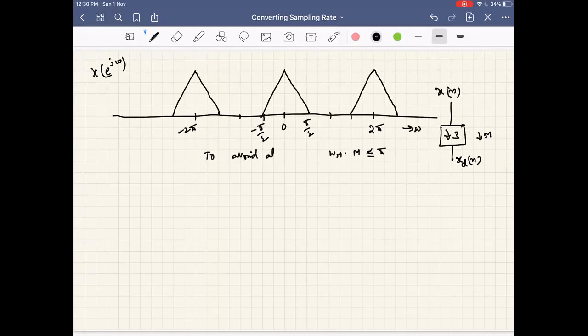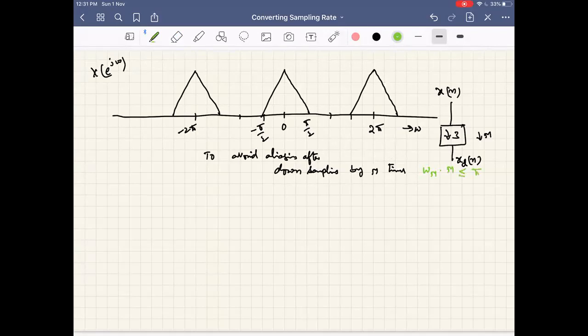after downsampling by m times. The condition we need is omega m into m is less than or equal to pi.